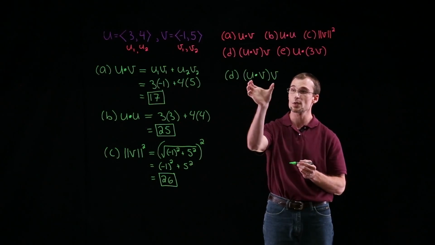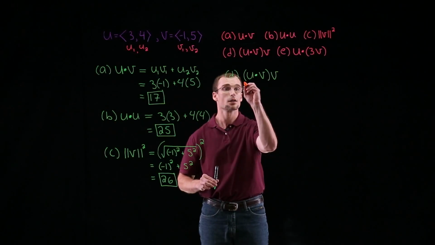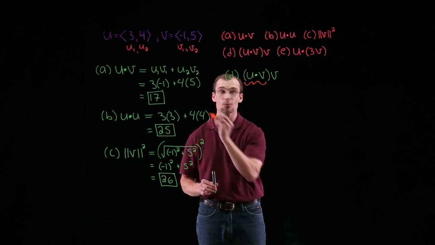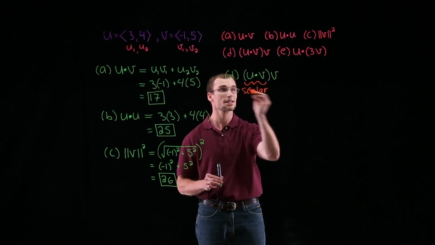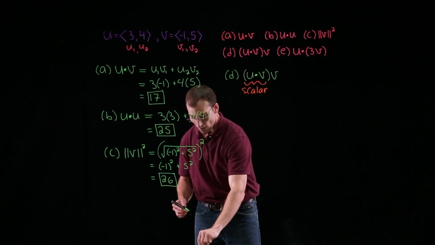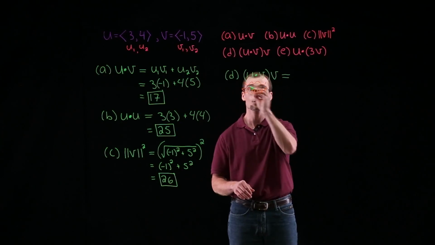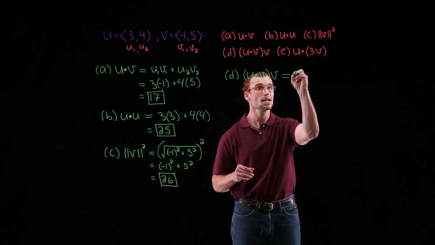The dot product comes out to be a scalar, so this is really a scalar multiplication. If we were starting fresh, we could go through u dot v, but we've already done that in part A, so we'll just take that number.